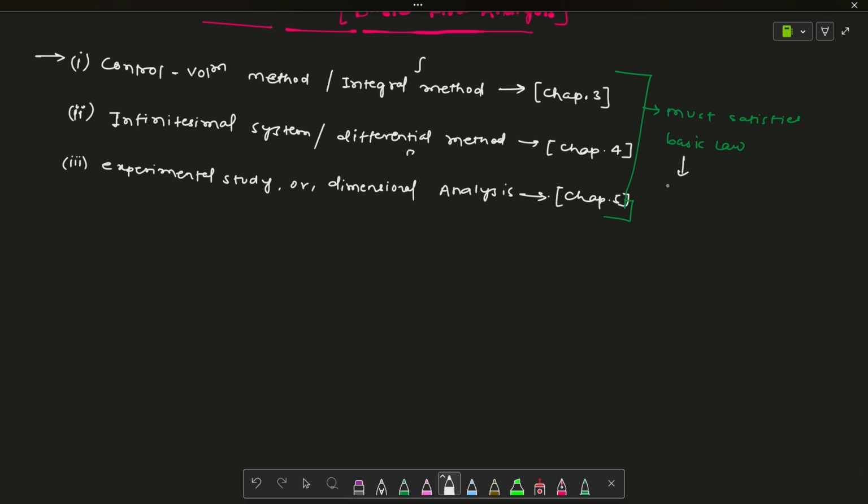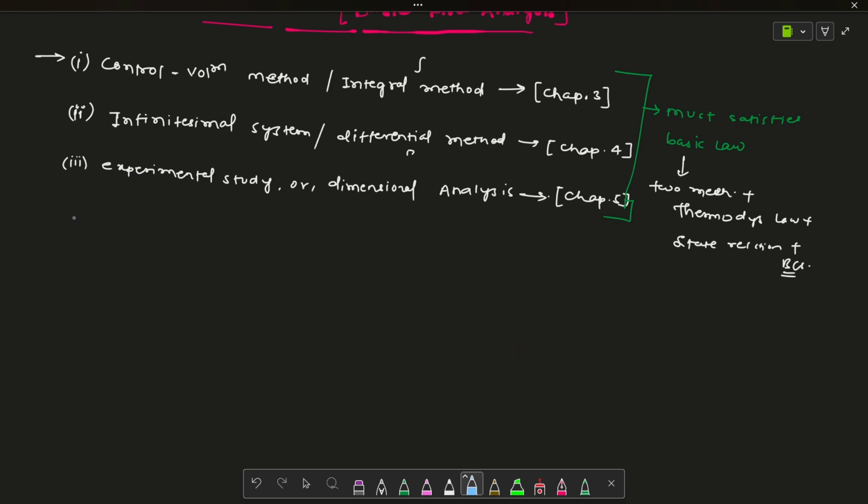Some of the basic laws are two mechanical laws and a thermodynamic law, plus a state relation, and another one is the boundary condition, which we discussed above, in no-slip and slip conditions.